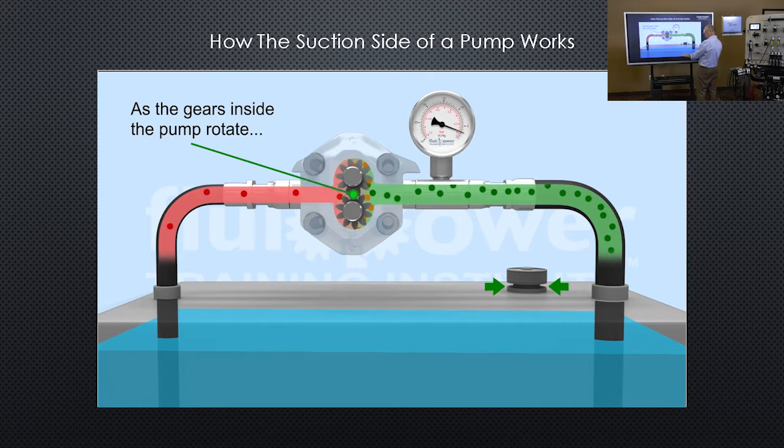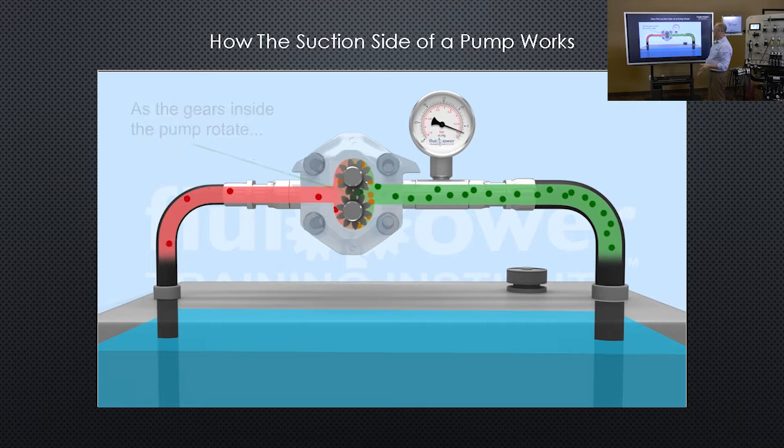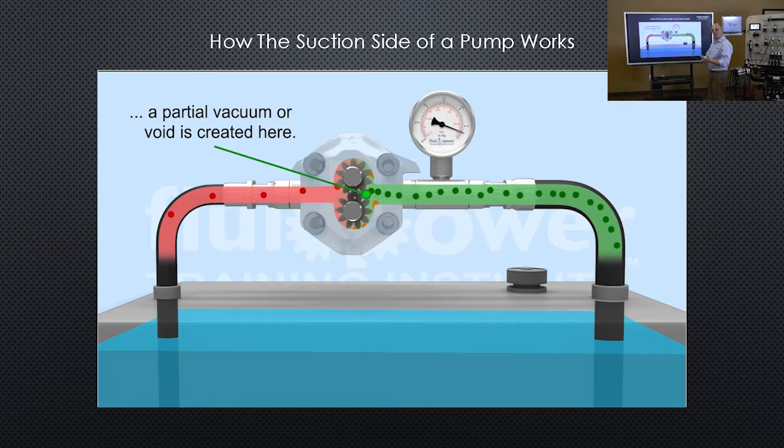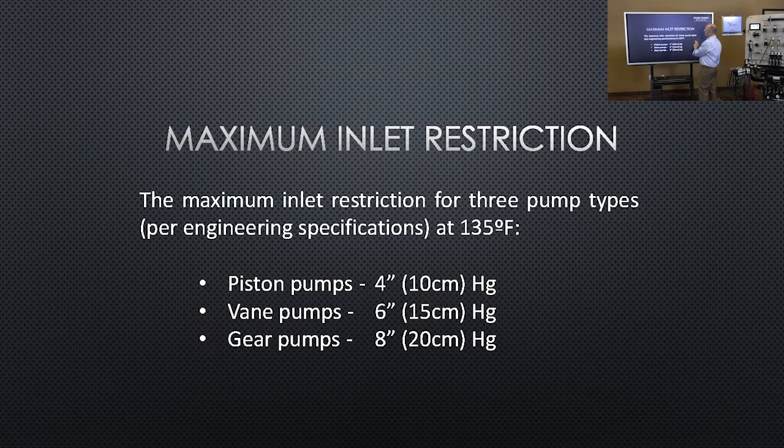Atmospheric pressure pushing on top of the oil is pushing the oil into the pump, thereby creating flow. If we draw a line through the center of every single hydraulic pump, one side of the pump operates in a vacuum while the opposite side operates against resistance, which becomes pressure, whatever the pressure needs of the system are. All right, so let's move on.